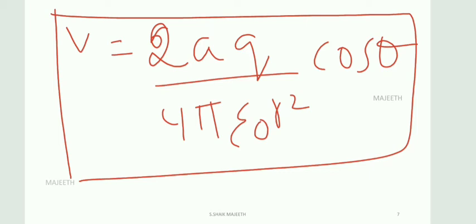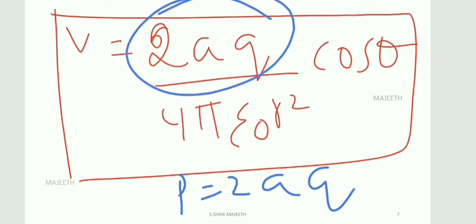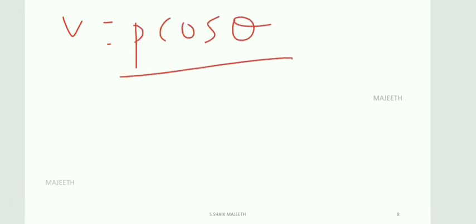But we know that P is equal to 2qa. Already we know in dipole. If you are having any doubt, please refer my video on dipole. P is equal to 2aq. So instead of 2aq, I substitute P. So V is equal to P cos theta divided by 4 pi epsilon naught r square.